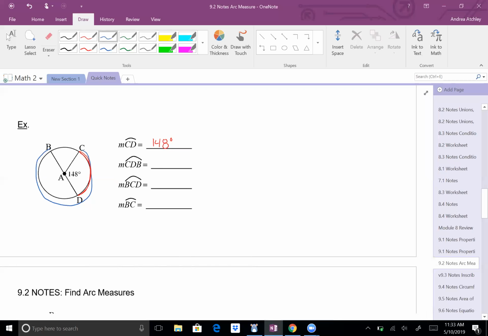Any ideas on how we can find that? Danny, you think you know? Very good. 148 plus 180, because BD is a diameter since it's a straight line that goes through the center. Okay, we add those two together. 328, is that right?